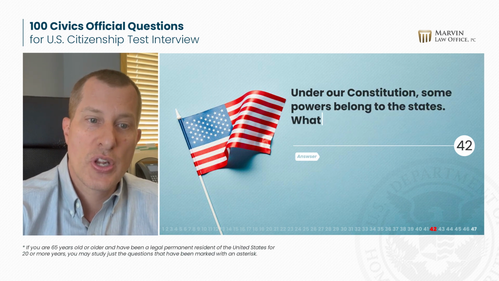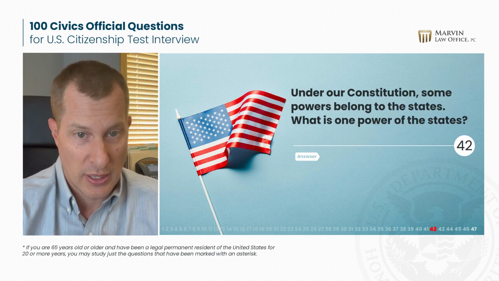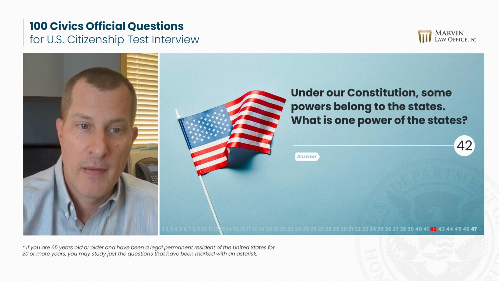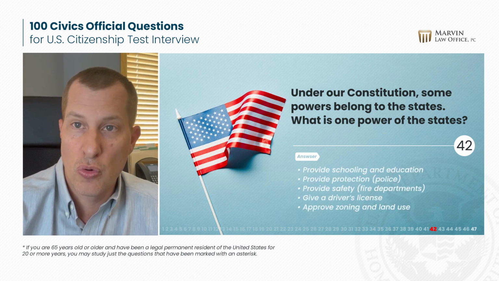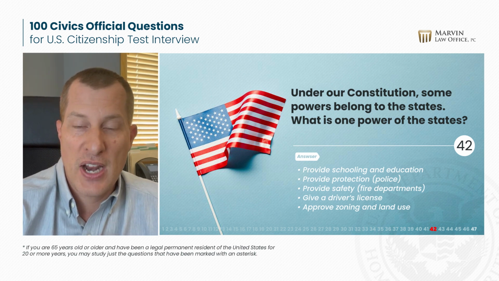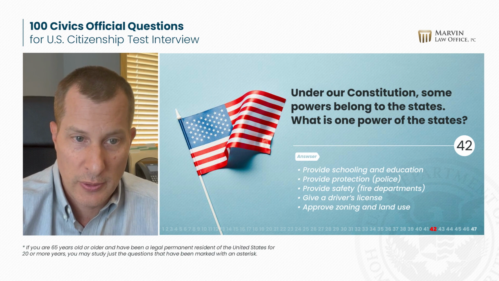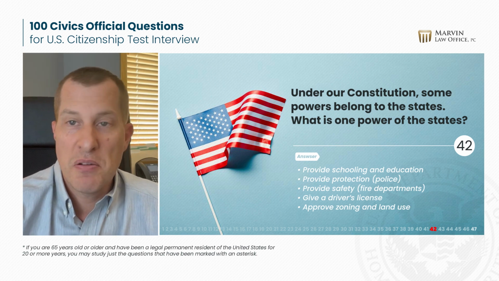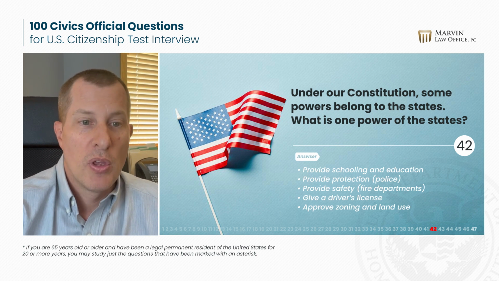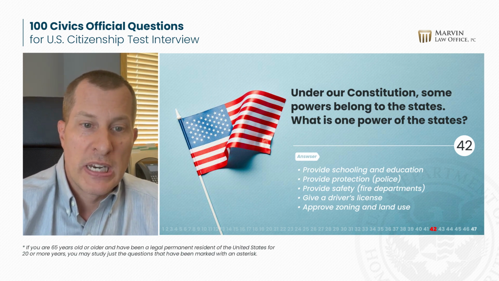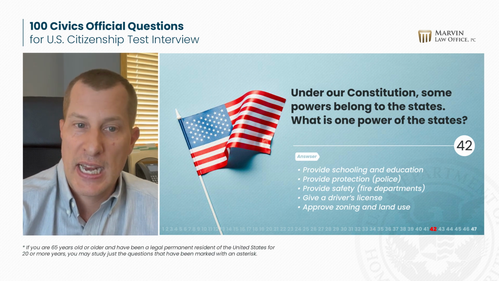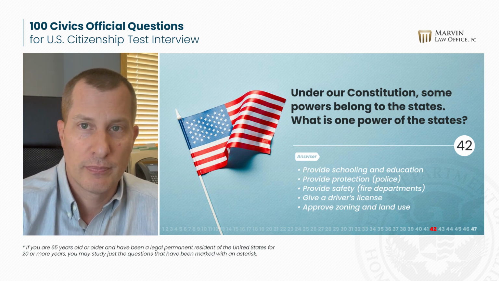Under the Constitution, some powers belong only to the states. What is one power that belongs to the states? Providing schooling and education, to provide protection, which is the local police, provide safety, usually that's the fire department and the police, to give driver's licenses, approve zoning and land use within the state.